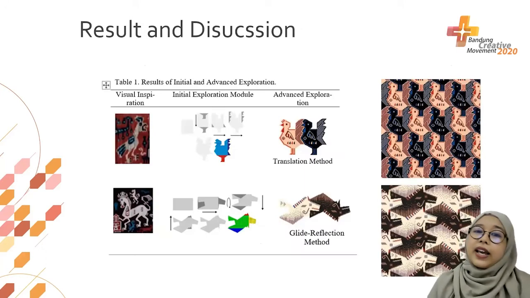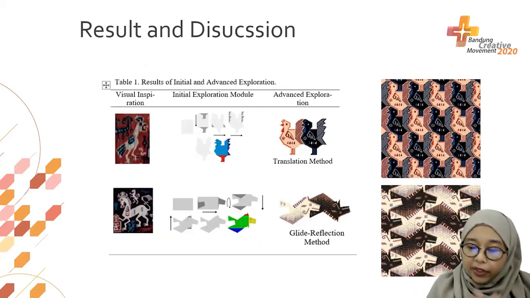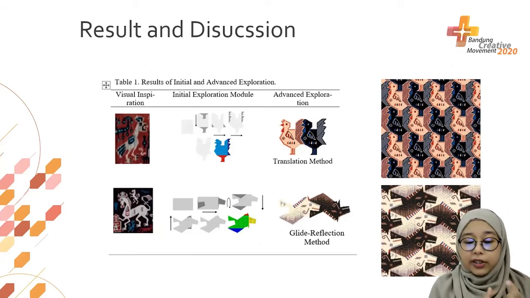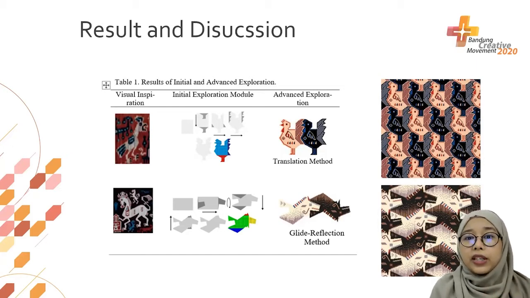In the results and discussion, the initial exploration was carried out to get to know the methods of the Escher technique. The trial methods used were translation, reflection, rotation, and glide reflection. Those four methods are the basic methods of the Escher technique.